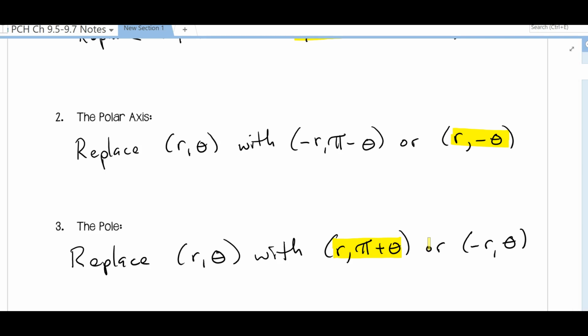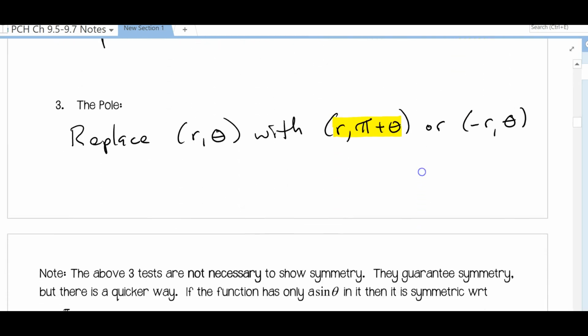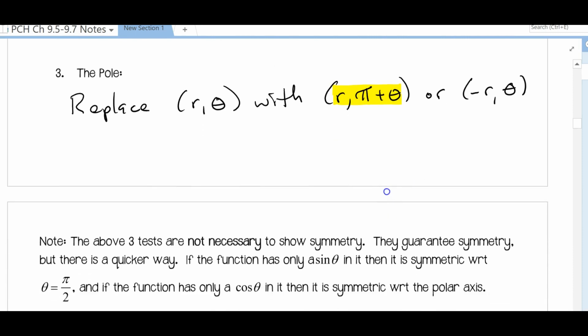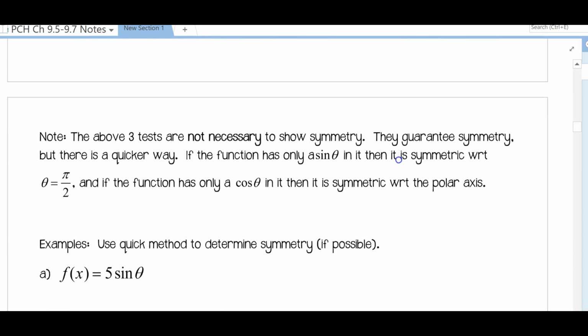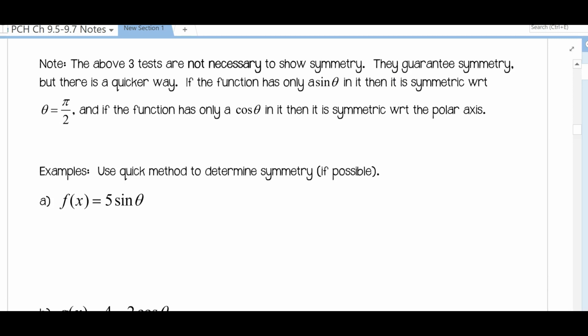All right, so sometimes you'll have to check for all of these three types of symmetry, but these three tests are not always necessary. They will guarantee symmetry, but there's a quicker way.